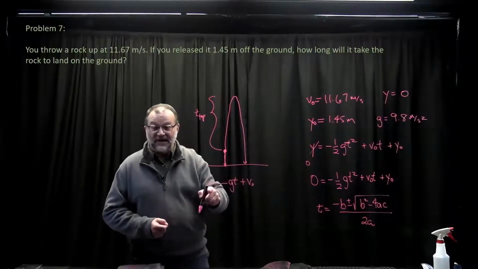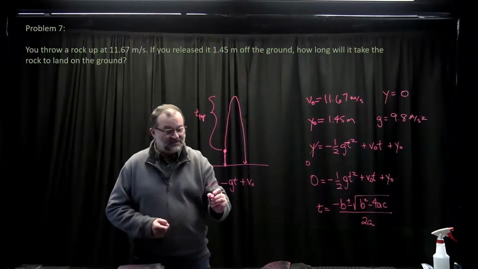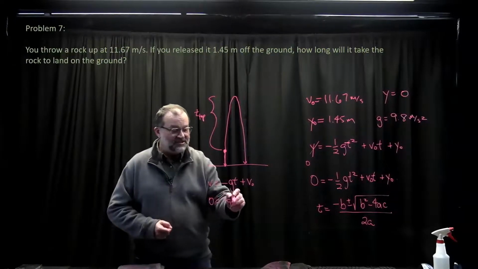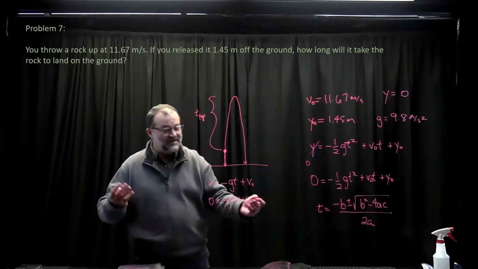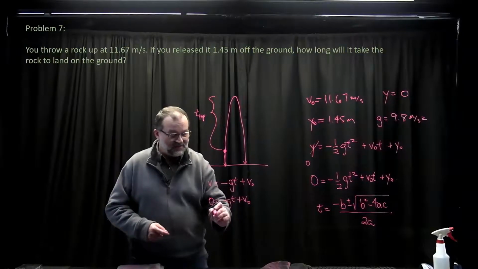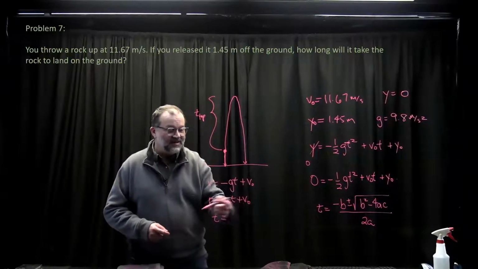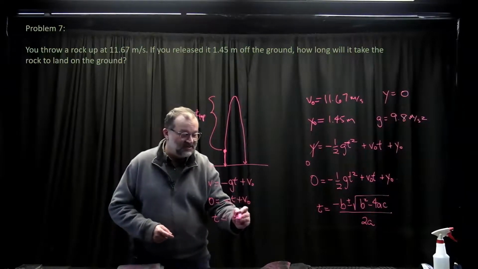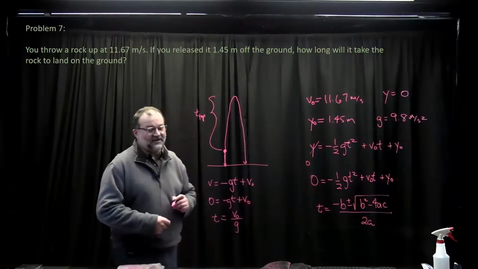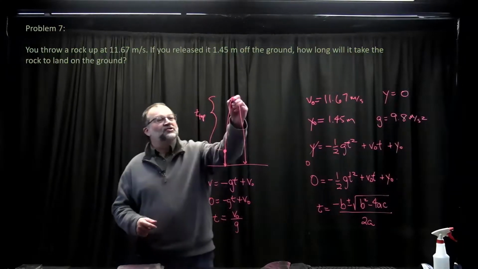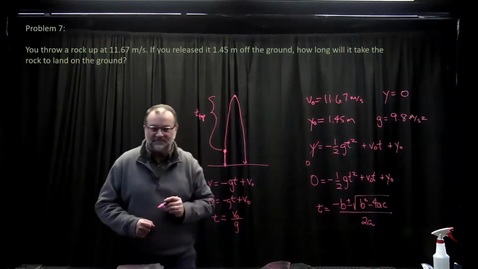So 0 is minus g t plus your initial velocity, and solving for time, t is just your initial velocity over the acceleration of gravity. Now you know how long it took to get up here.